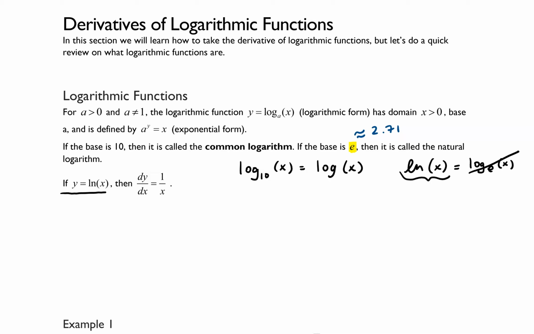And there are several different ways that we can define the number e, but one of the ways is if you were to graph the function y equals 1 over x for x greater than 0, here's the y-axis, here's the x-axis. The graph of that function looks something like that.